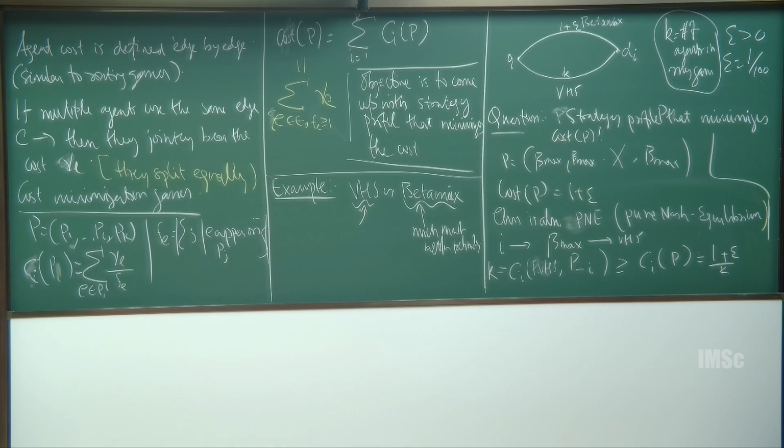How much is he going to pay? 1 plus epsilon, right? This is going to be 1 plus epsilon, which is greater than or equal to what the same guy would have paid, which is exactly equal to 1, because everybody shares equally. So, this is also pure.